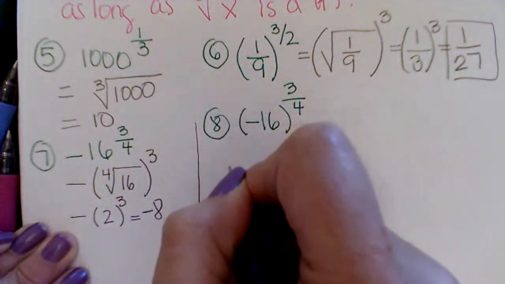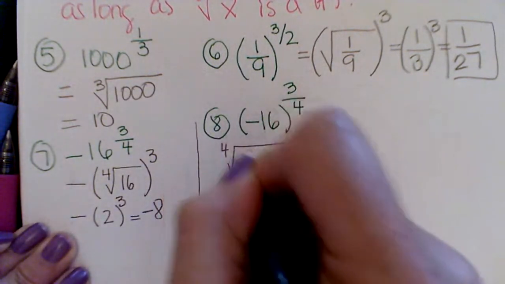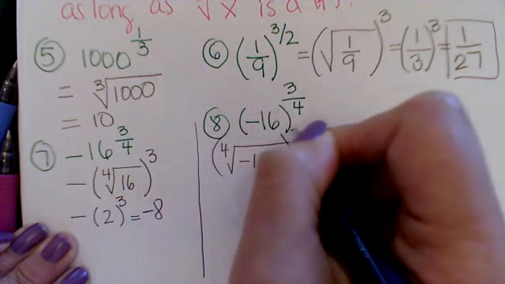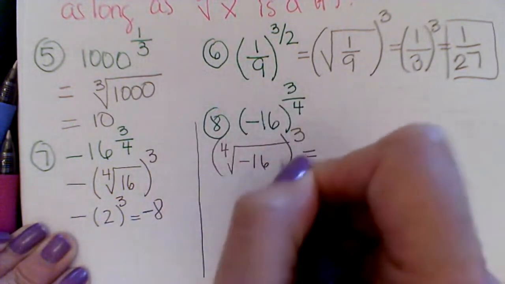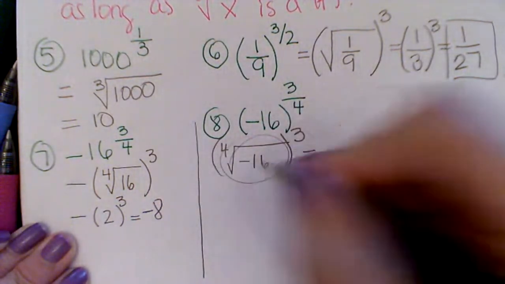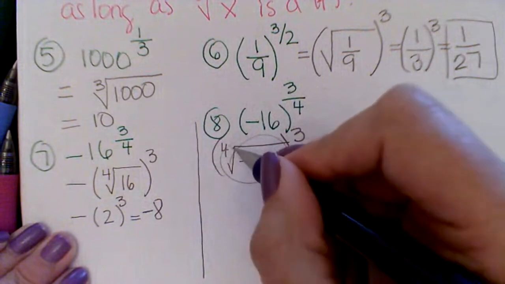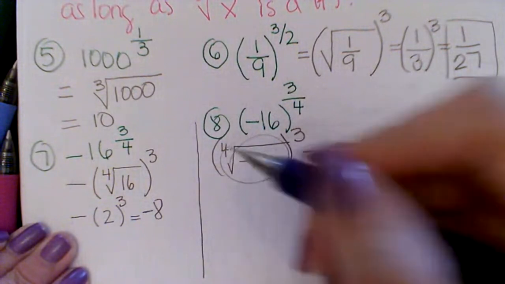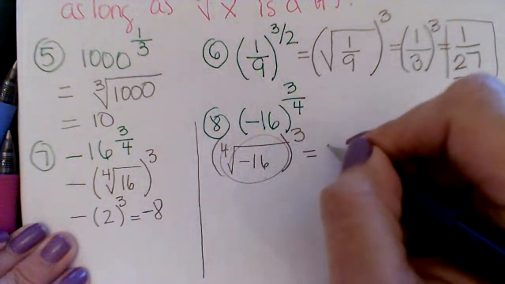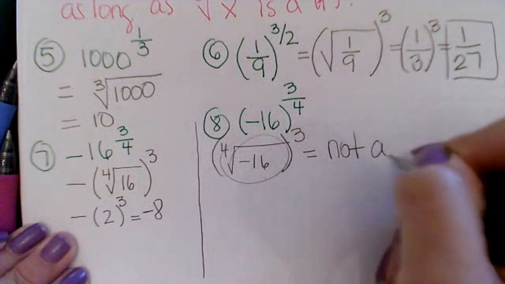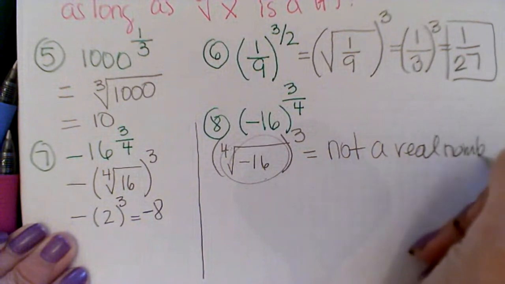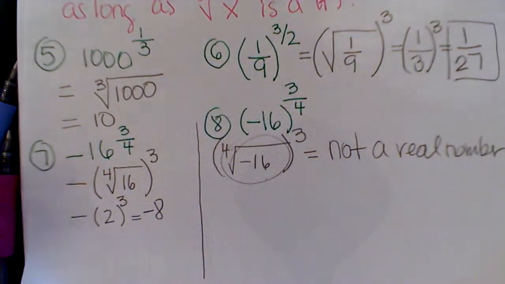The 4th root of -16 to the 3rd power. And what happened? Not a real number. We can't do it. An even index cannot have a negative radicand. So we're going to write down not a real number. Okay?